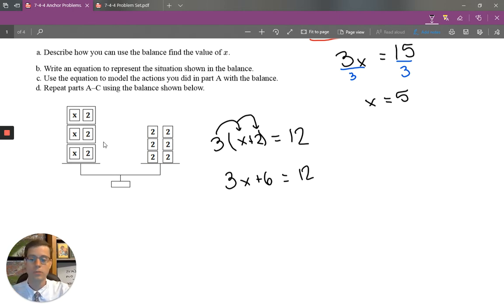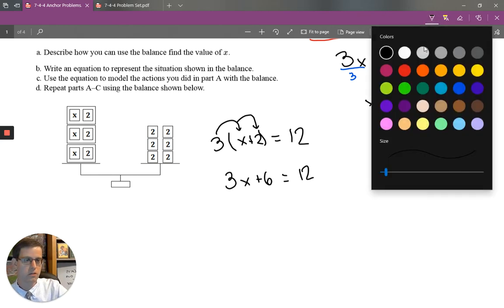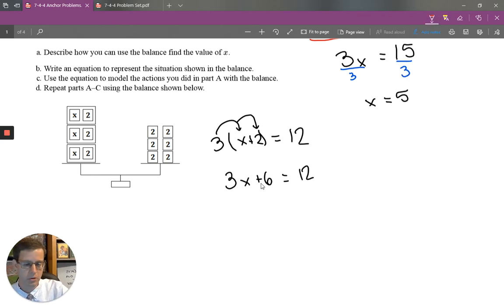And sure enough, if you look at this balance, you can see 1, 2, 3 x's, and then 3 2's is 2, 4, 6, and that equals the 12. Then we could subtract 6 from both sides, as the opposite of addition is subtraction. We're then left with 3x equals 6.